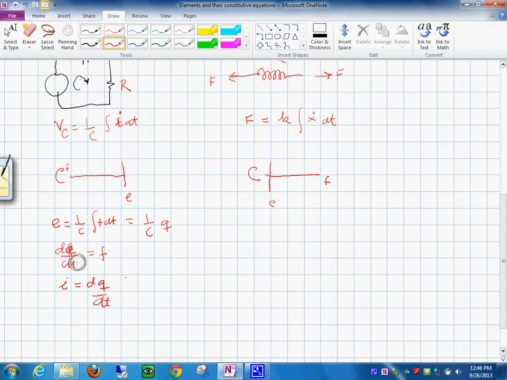No, F is equal to I. So in here we have 1 over C, and that F is equal to I, or dQ dt is equal to F. That's what I was writing.